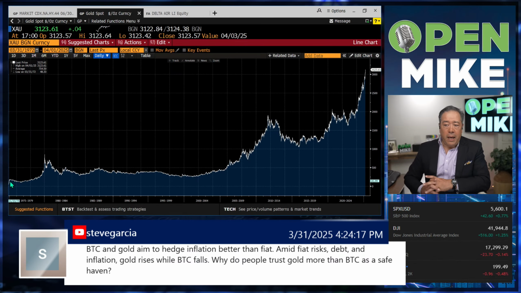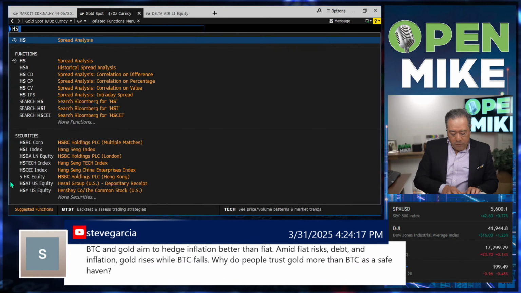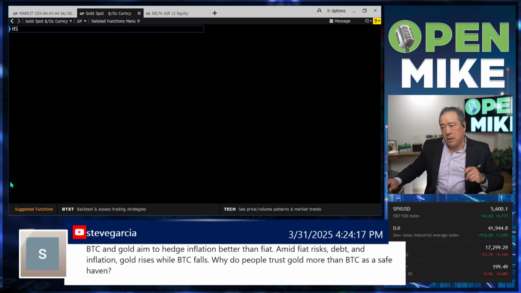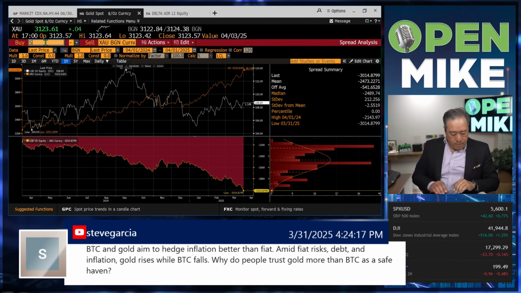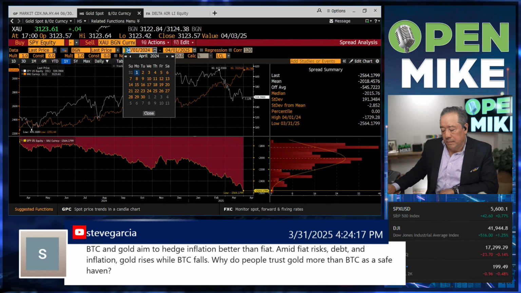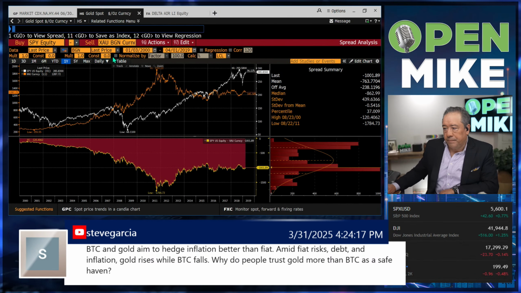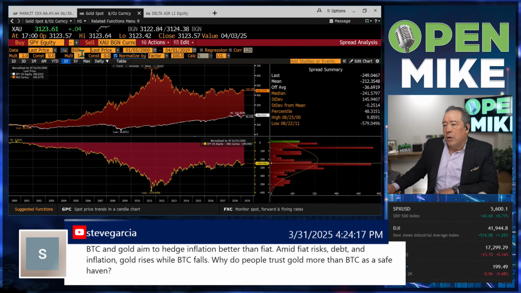And if you compare how it has done relative to equities since, let's call it 2000. I think that's what I was looking at earlier today. All right, normalize that, and boom.